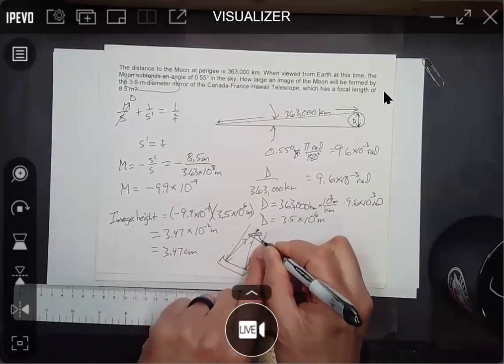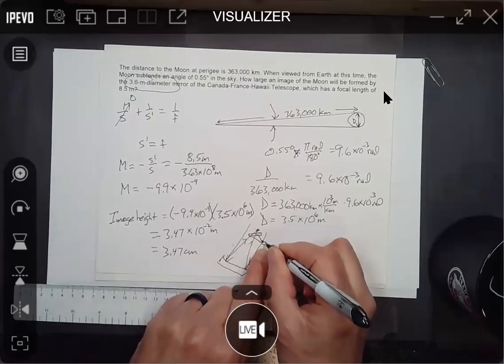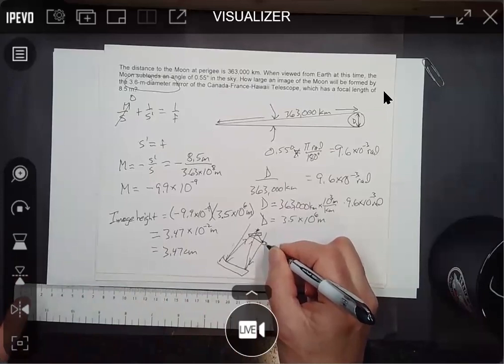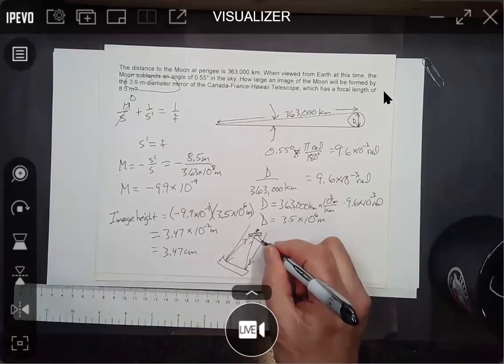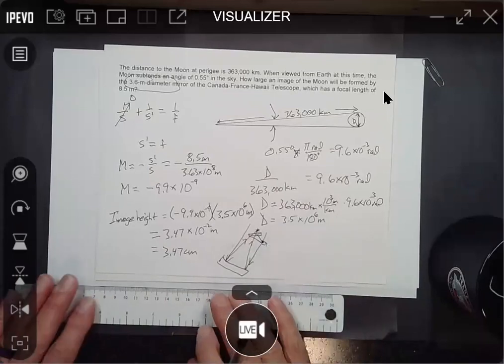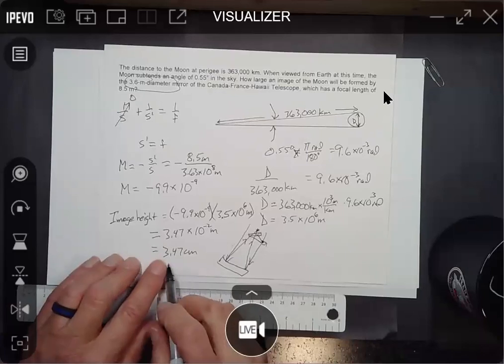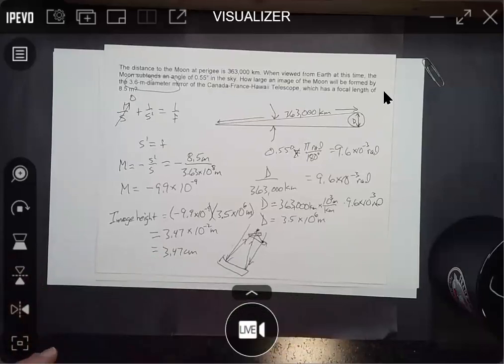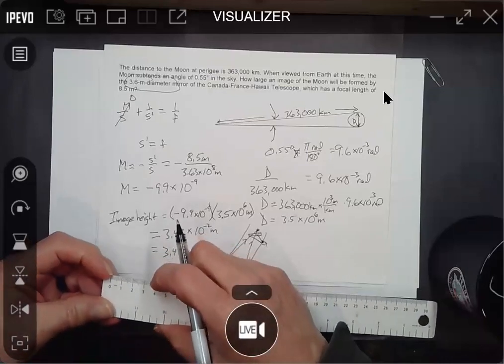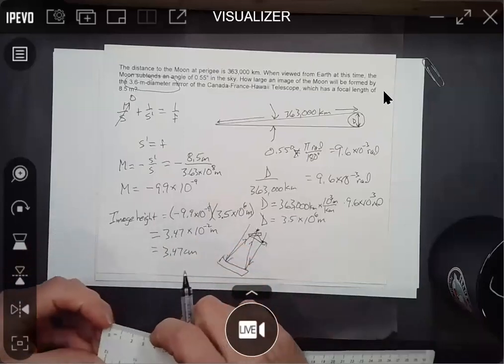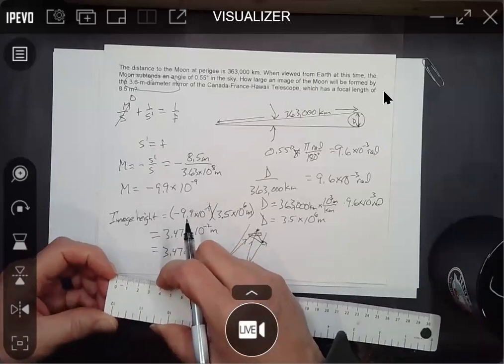So the image is like right there. And you put an eyepiece on there that's like a powerful magnifying glass. And you can look at that image that's right here, at your heart's content. And it's something that's 3.47 centimeters big. A good eyepiece actually magnifies it by quite a bit.